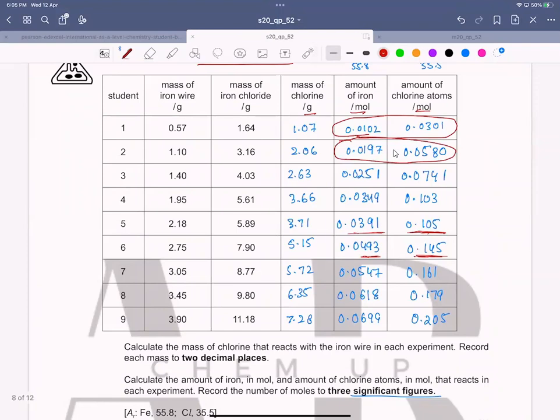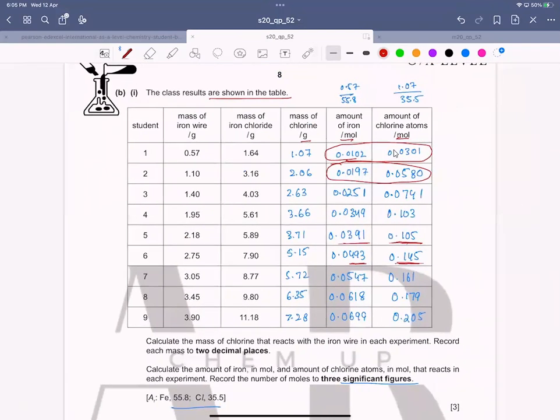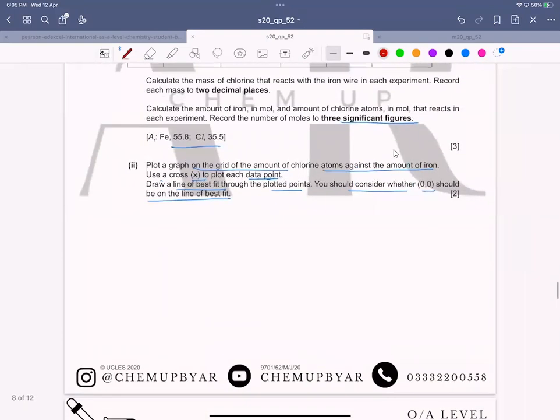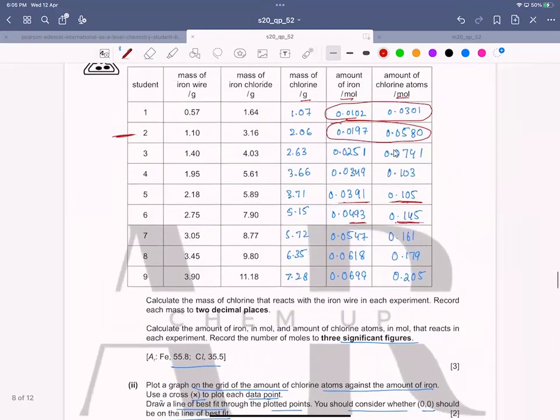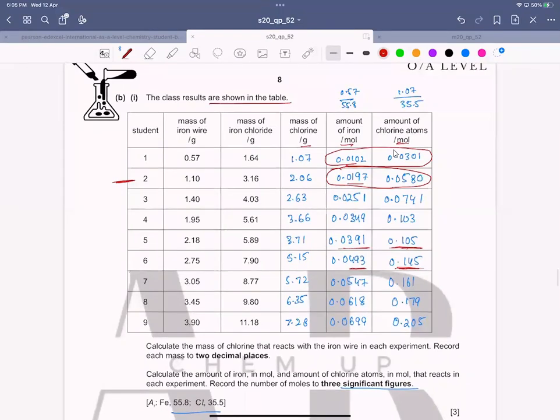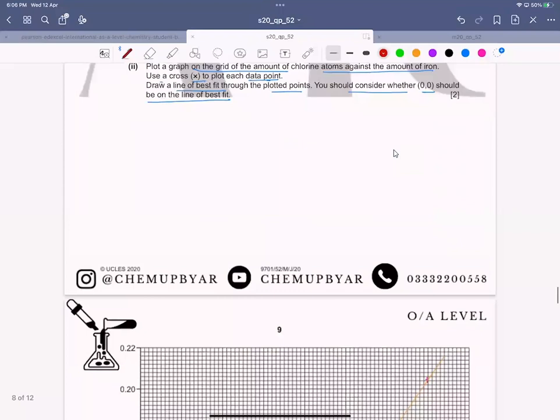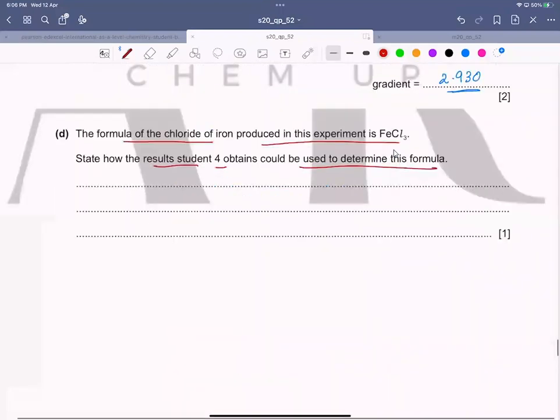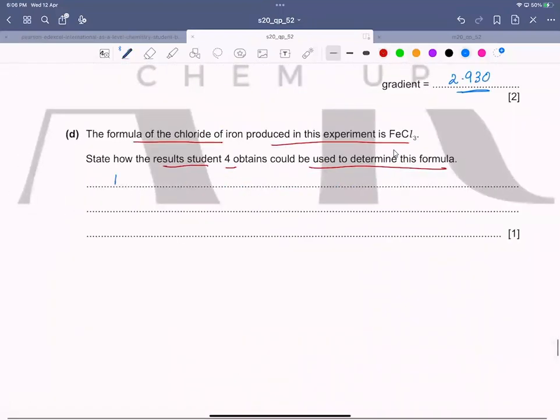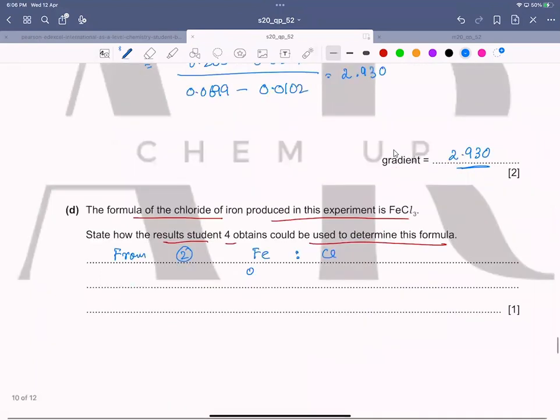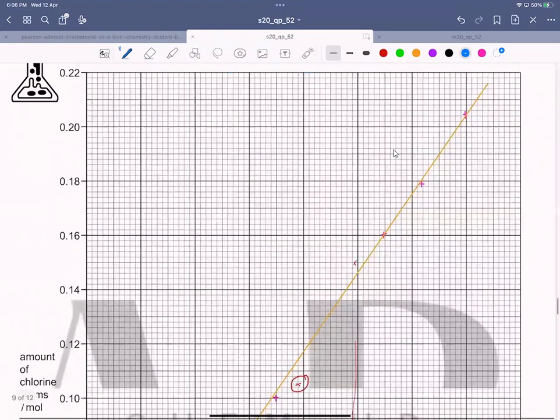If I use experiment 2, for iron it's 0.017, and for chlorine it's 0.0580, right? So from experiment 2, take the ratio of their moles.